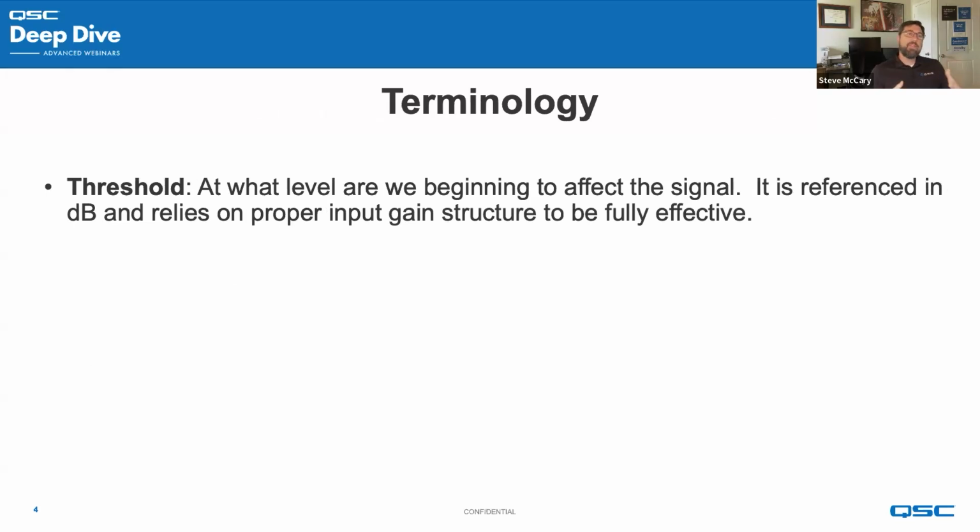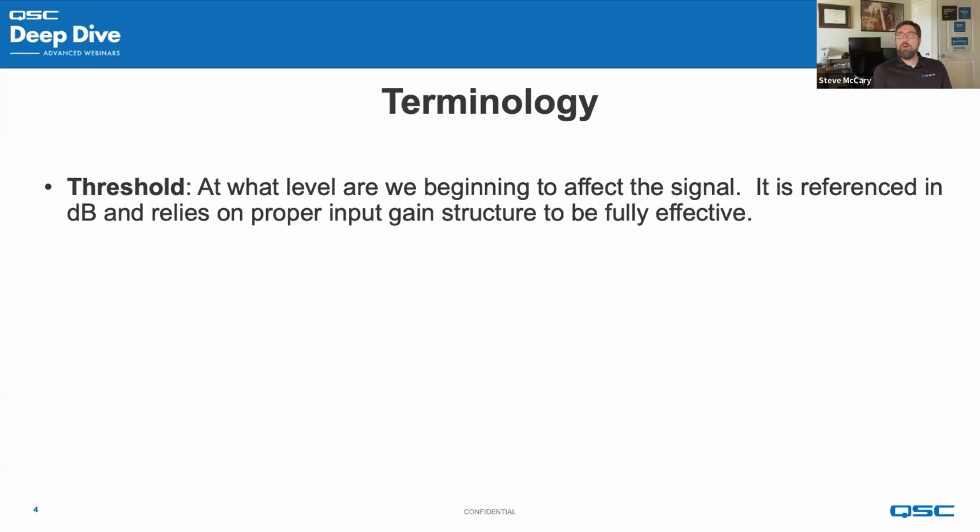When you get into these blocks, there will be a lot of controls that will help you nail down exactly how the block is going to behave. Most of them use similar terminology, so I wanted to go through those with you before we get into them. The first of which is the threshold.